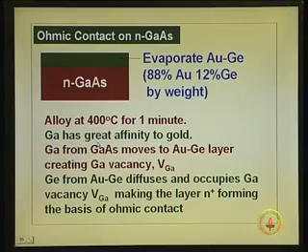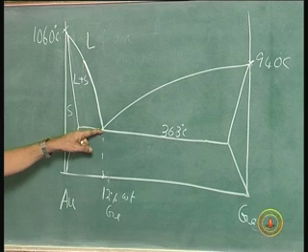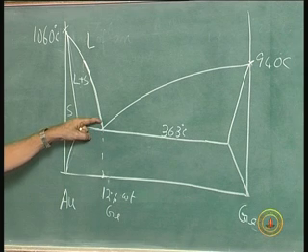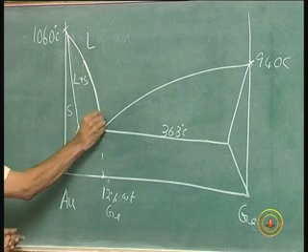The gallium from the substrate, gallium arsenide, moves towards the surface. Okay. In fact, when you go to a temperature slightly more than the eutectic, this is the melting point. If I go slightly more than that, you are going onto this point.